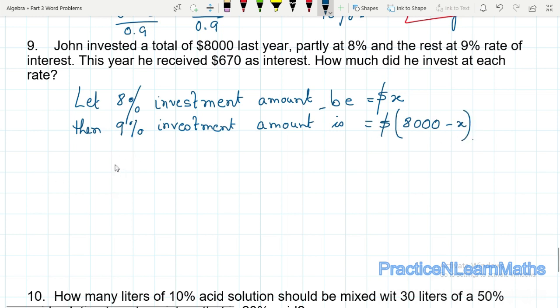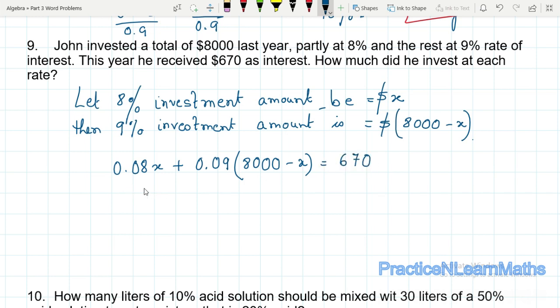So the equation comes to 0.08x plus 0.09 times (8,000 minus x) is equal to the interest received, that is $670.